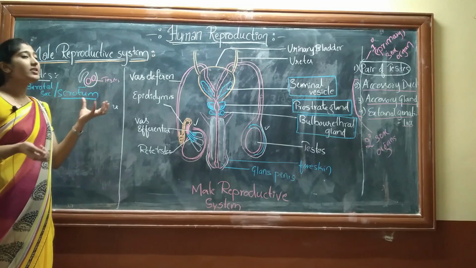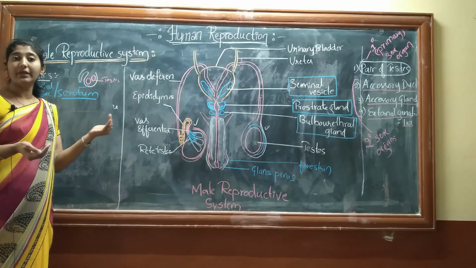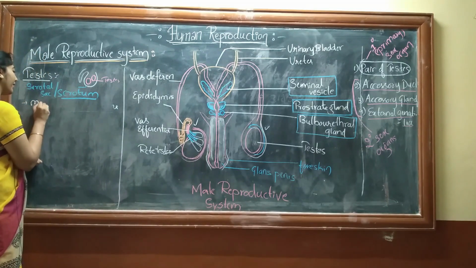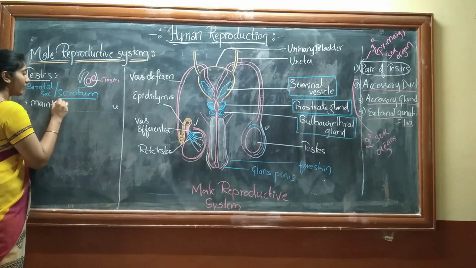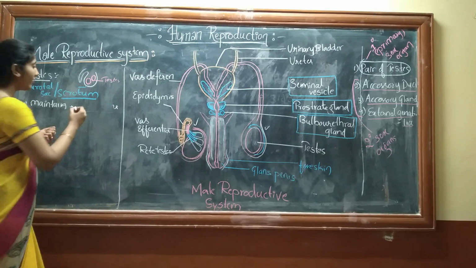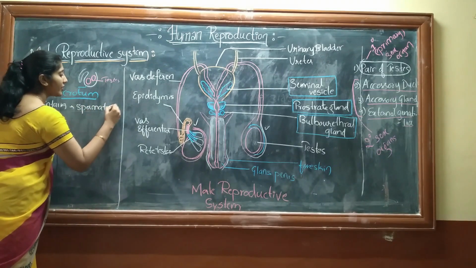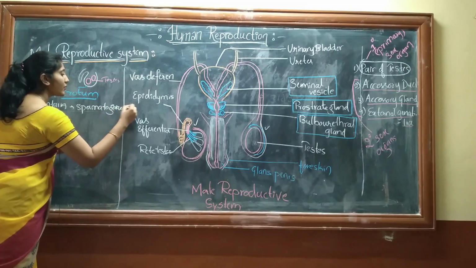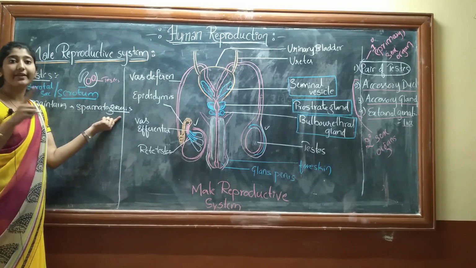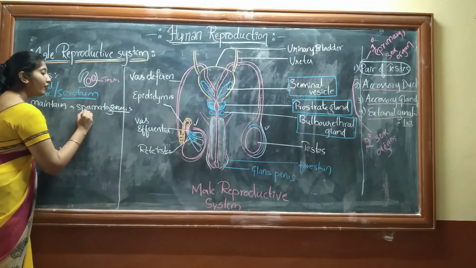What is the importance of the scrotum? Why are these testes placed away from the body, slightly in the extra abdominal region? Because it maintains the temperature which is required for spermatogenesis. In the previous class I told you genesis means formation, gametogenesis is gamete formation, spermatogenesis is sperm formation.